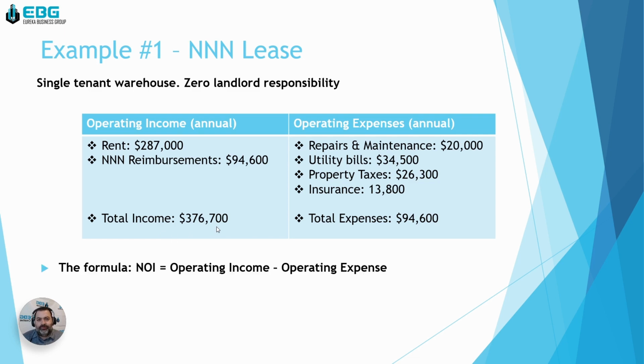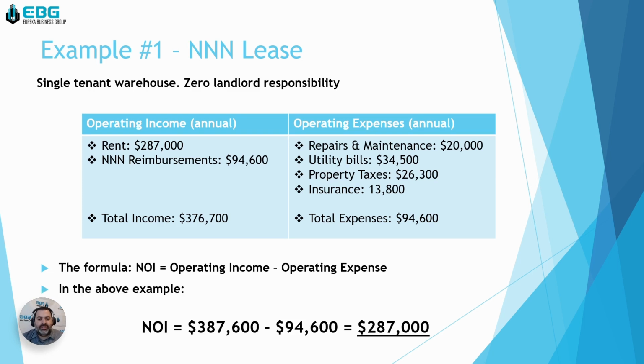Remember, the formula is operating income less operating expenses. In the above example, $376,700 less $94,600 of expenses gives us an NOI of $287,000. Not surprisingly, my net operating income matches my rent because I'm getting reimbursed for all the operating expenses.